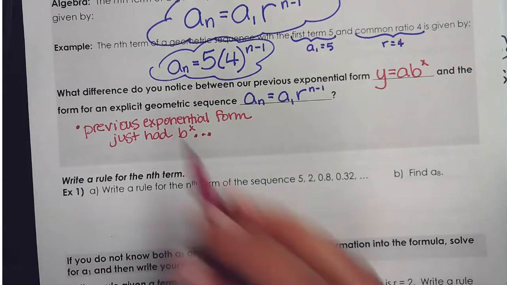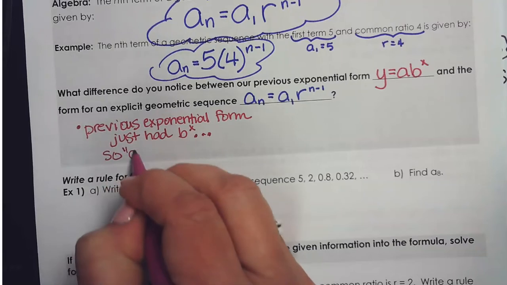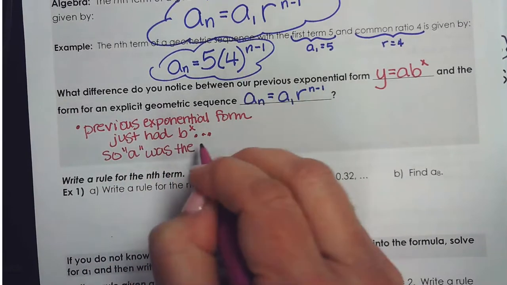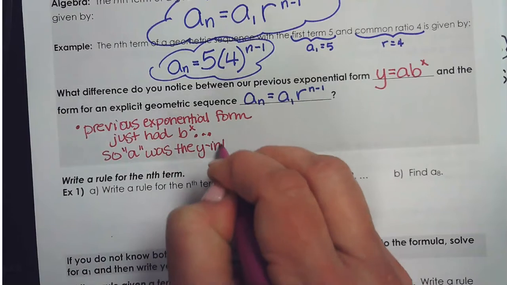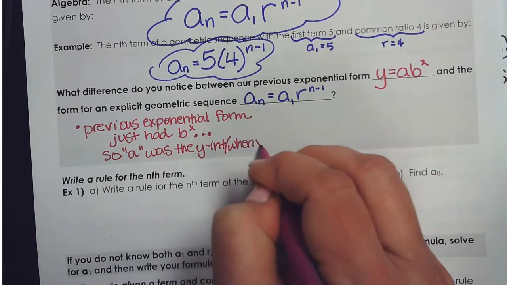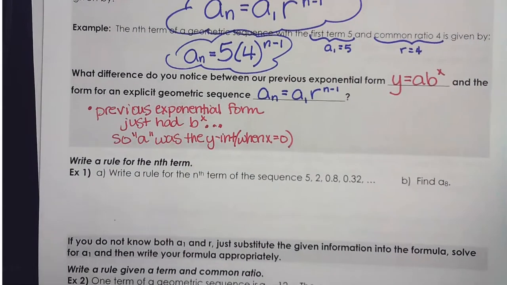And so what that means is that a was the y-intercept, and that occurs when x equals 0. Okay? So the previous exponential form just had b to the x, and a was the y-intercept when x equals 0.